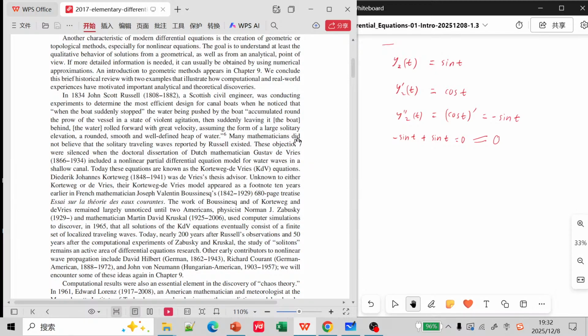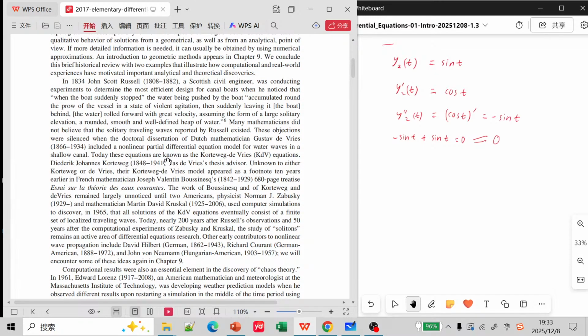Many mathematicians did not believe that the solitary traveling waves reported by Russell existed. These objections were silenced when the doctoral dissertation of Dutch mathematician Gustav de Vries included a nonlinear partial differential equation model for water waves in a shallow canal.